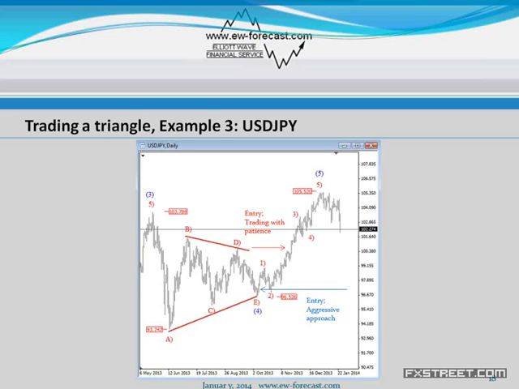If you're a patient trader and you got in at the break of the range, then obviously you will look for stops below the range, which is below wave E, and we look for a move to the upside. Okay, so you can see here that the market moved nicely to the upside.